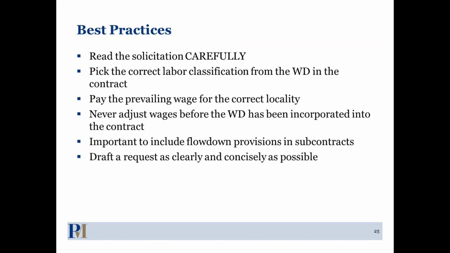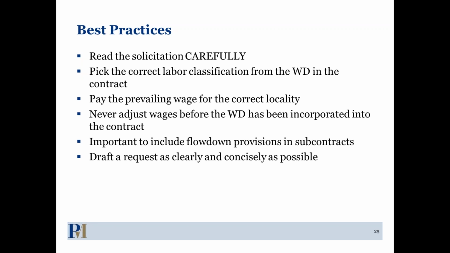And these are some of the best practices that we ask people to follow to avoid those pitfalls. You want to be careful to read your solicitation carefully. Notice if there's an SCA clause, notice the types of positions, and pay attention. And if the SCA isn't in there, then don't pay the wage determination.